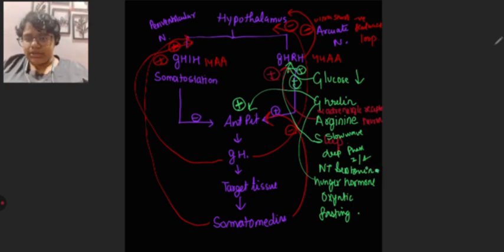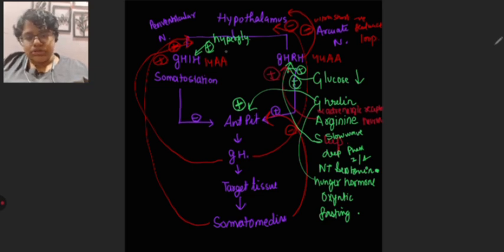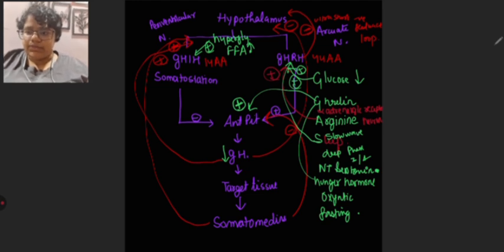About growth hormone inhibiting hormone, it's stimulated by hyperglycemia, because the glucose is already high and we don't need more glucose, so the signal will be sent and growth hormone inhibiting hormone will be released. Then the growth hormone level will decrease. Also free fatty acids are a stimulus for growth hormone inhibiting hormone.